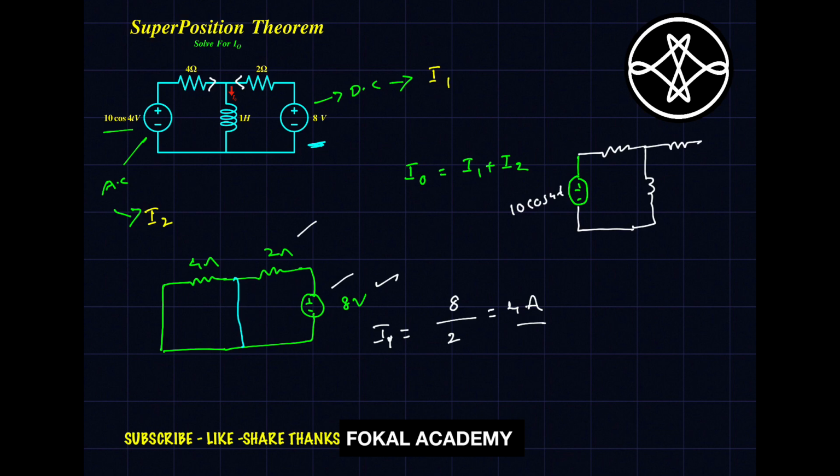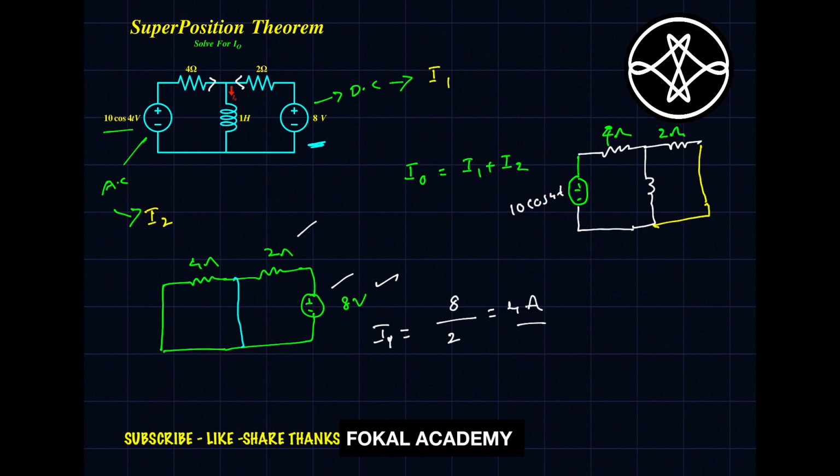Now I am going to find the current contributed by this voltage source. According to the Superposition Theorem, short circuit the other voltage source. Here only one other voltage source is there, so short circuit it. This is 4 ohms and this is 2 ohms.